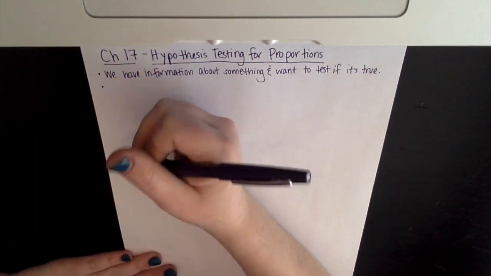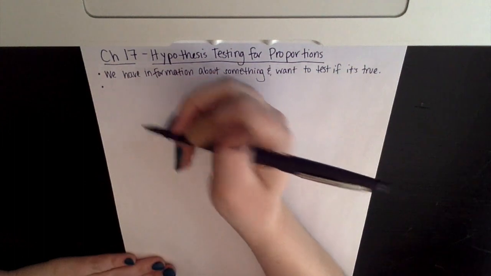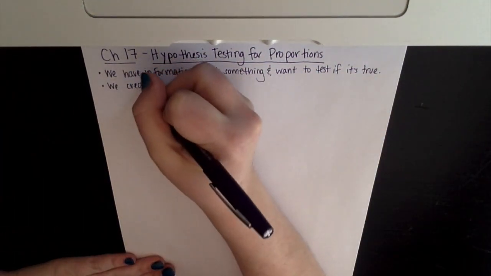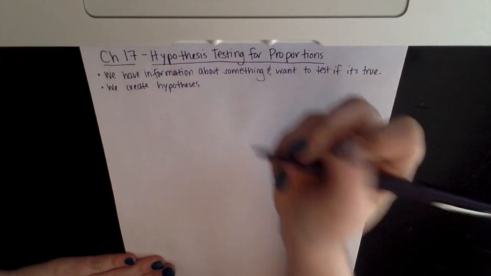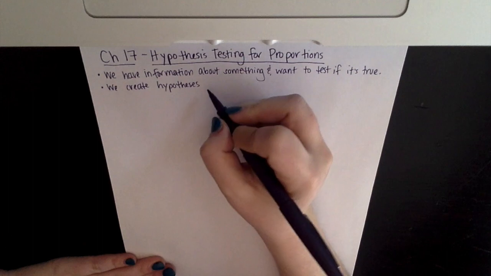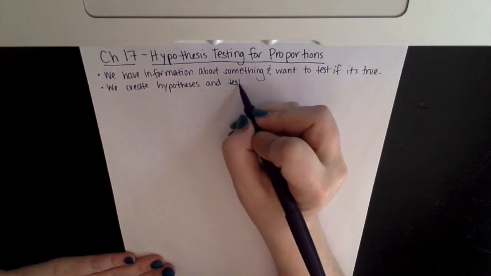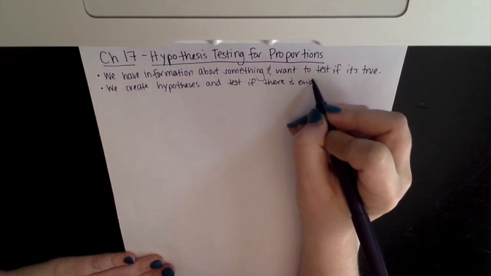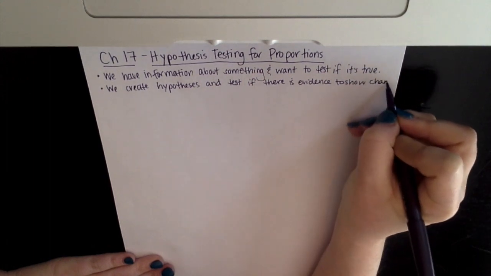So we make hypotheses and we test if we have enough evidence to show that there has been a change. We create hypotheses, plural, we make two. And we test if there is evidence to show change.